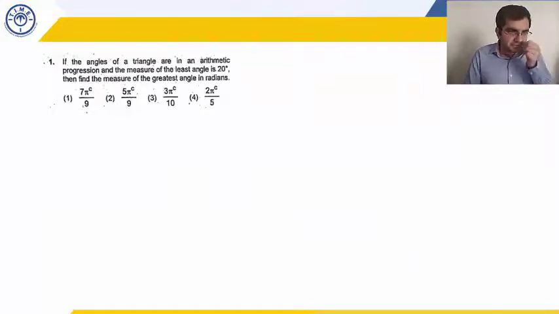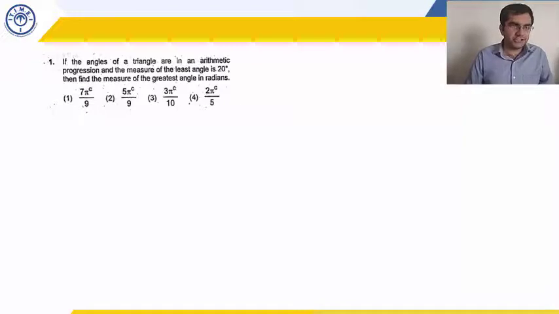If the angles of a triangle are in arithmetic progression and the measure of the least angle is 20 degrees, find the measure of the greatest angle. So what is an arithmetic progression?